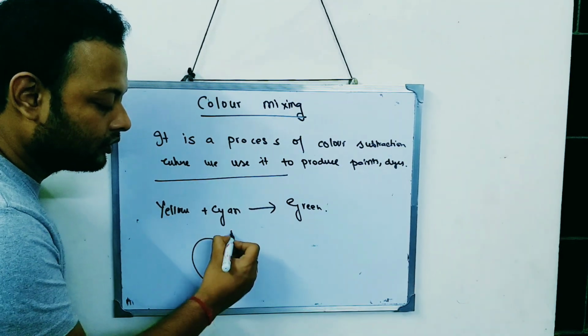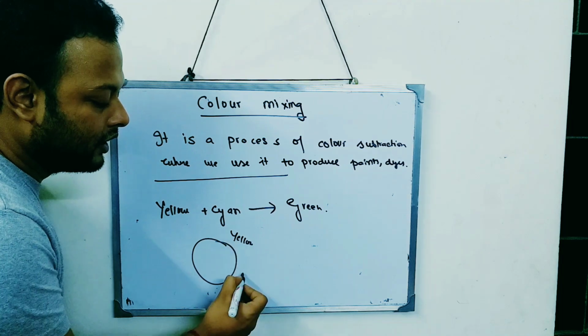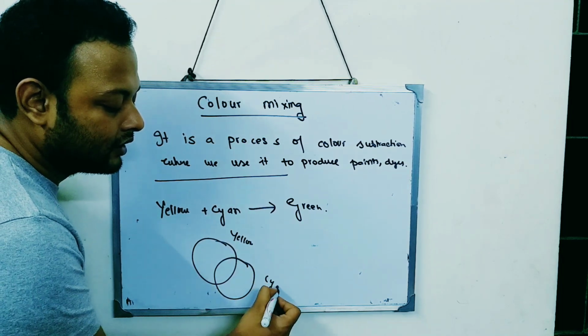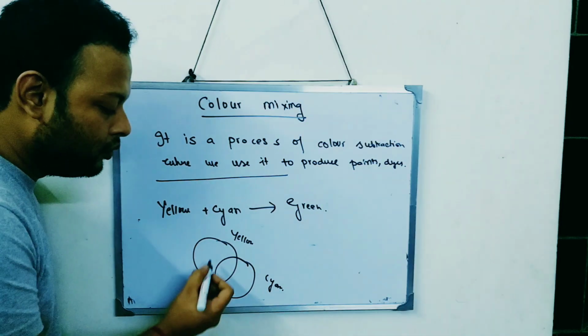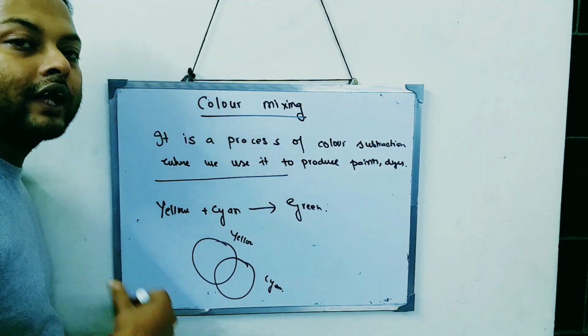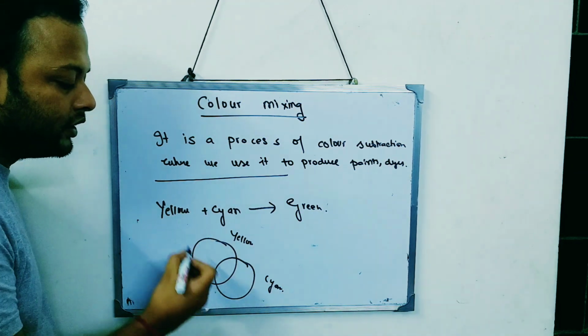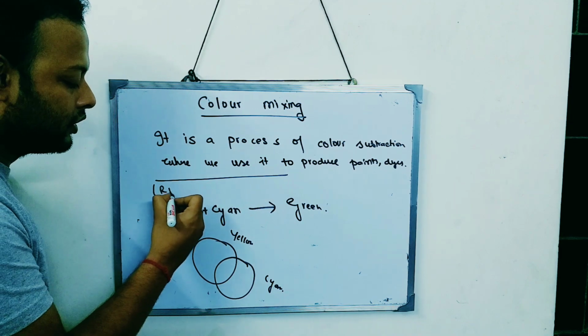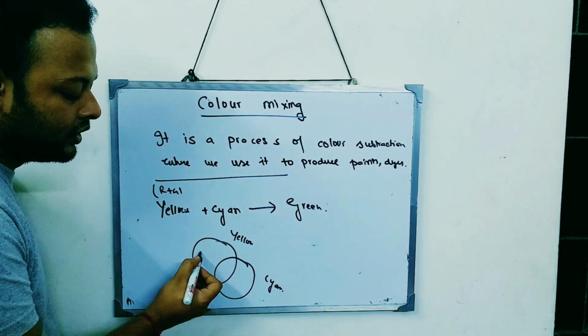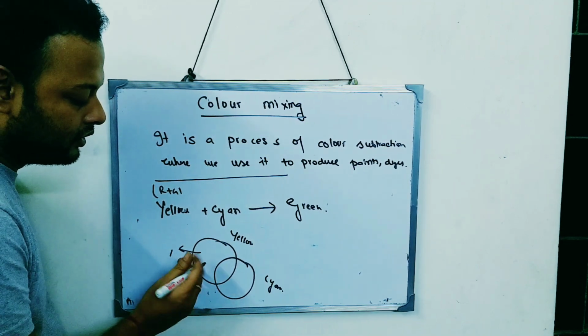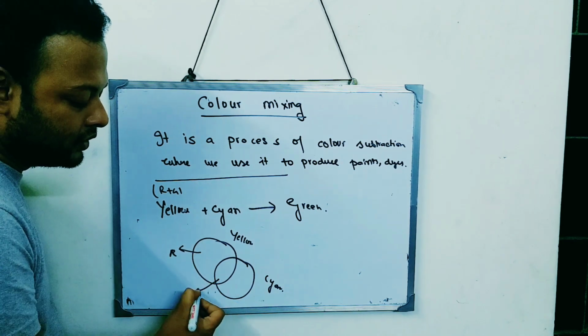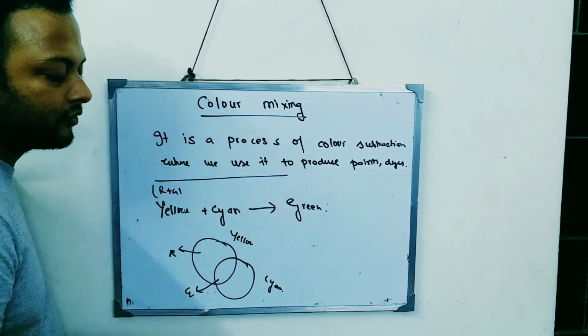Suppose this is yellow, and this is cyan. Yellow can reflect which two colors? Yellow is made up of red and green, so yellow will give the red color as well as the green color.